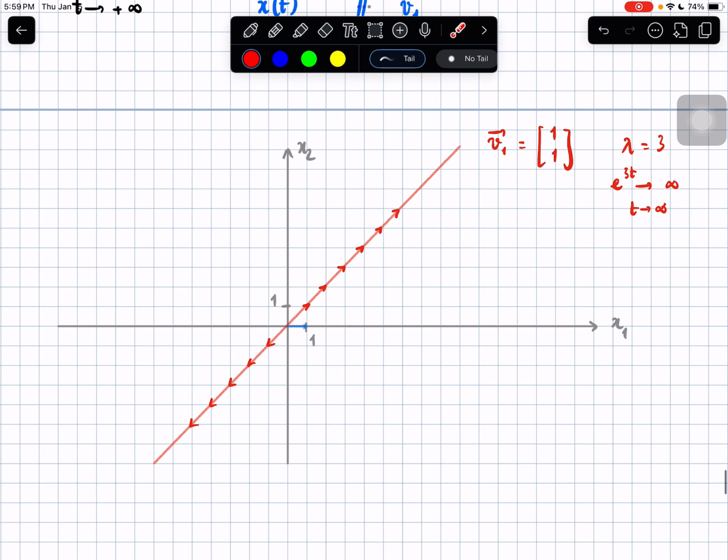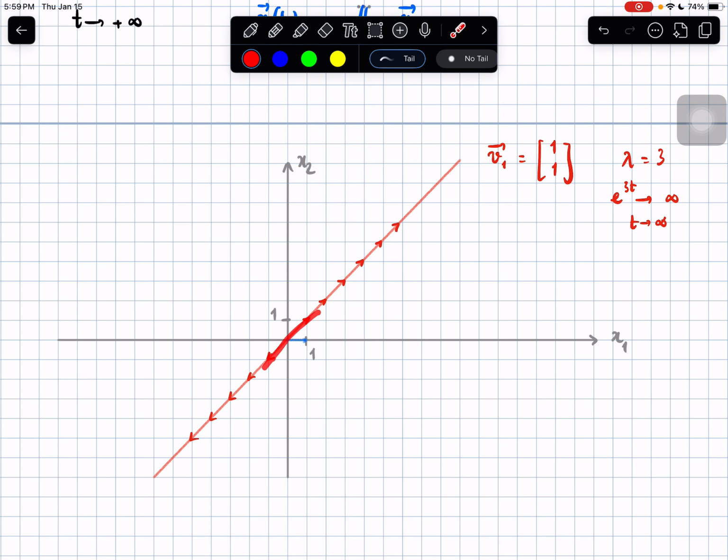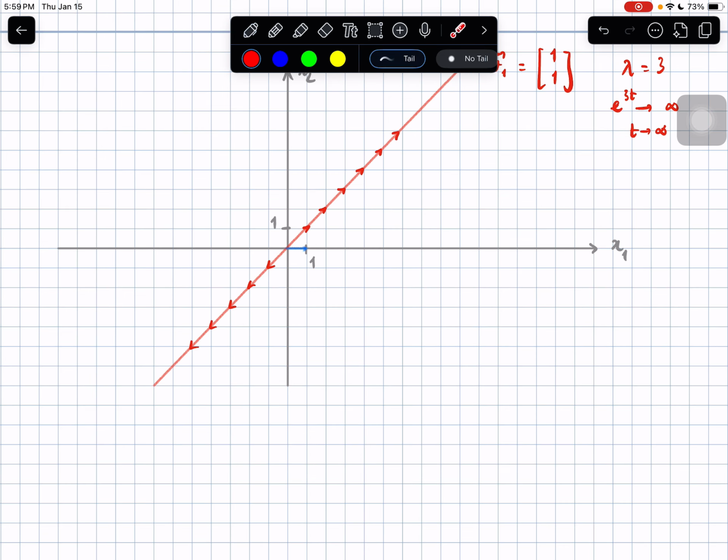Negative v1 is the negative of that, so it's this direction. Plus something v2. So it has to be somewhere here, right? Negative of this plus this. So we know that the curve will have some point maybe somewhere there, in this corner. Something like this.